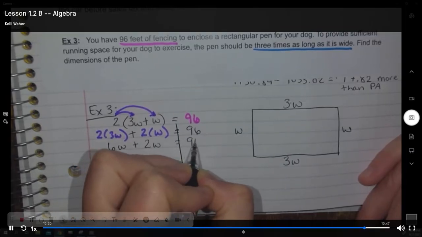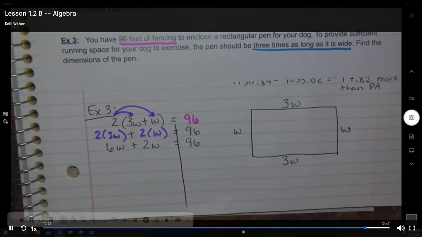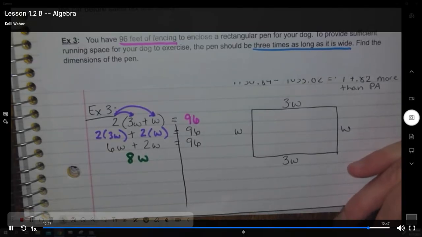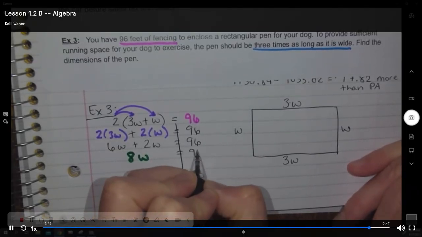And again, we still haven't used 96. We're going to combine our like terms. So for this one, I have 6 W's and 2 W's to give me a total of 8 W's equals 96.